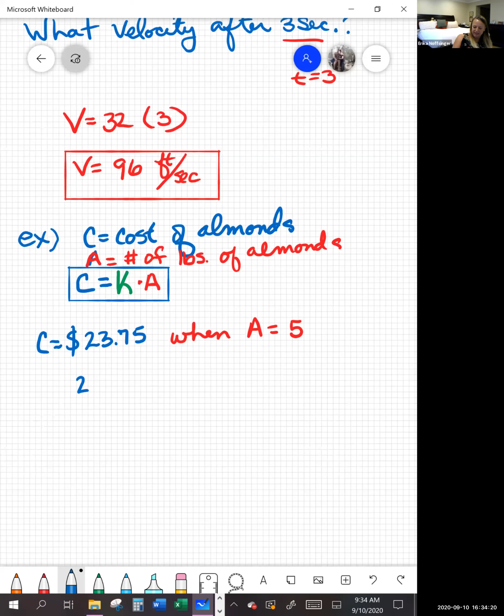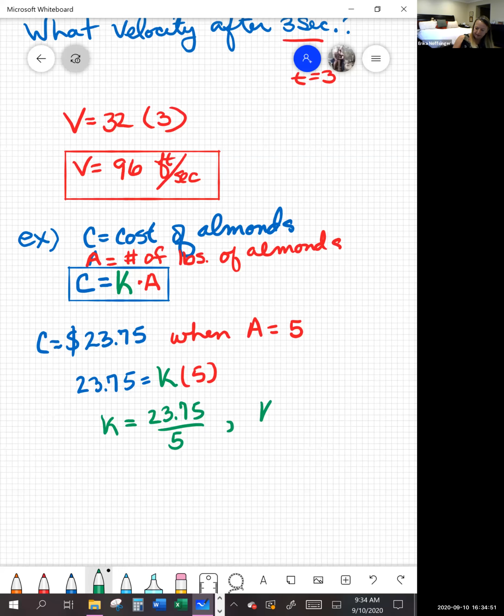We have 23.75 equals K times A, which is 5. We can get K by itself by dividing both sides by 5. So we have 23.75 all over 5, which is 4.75.